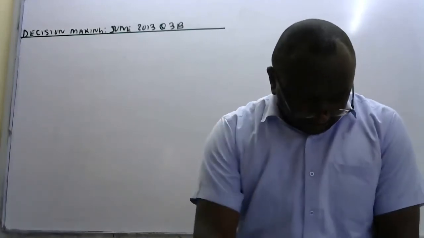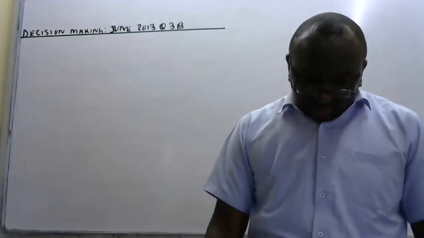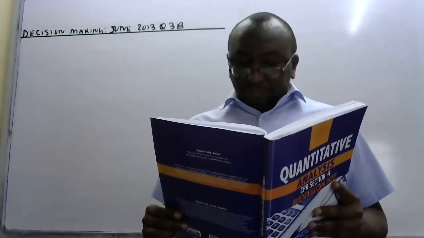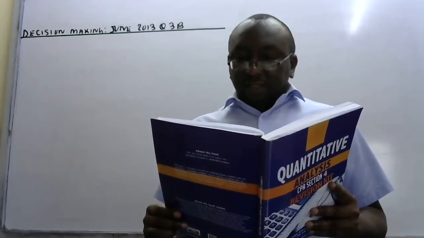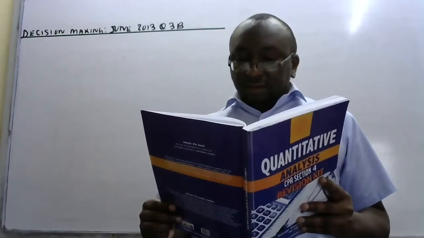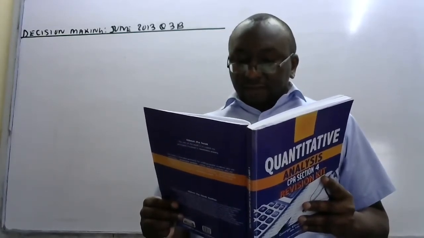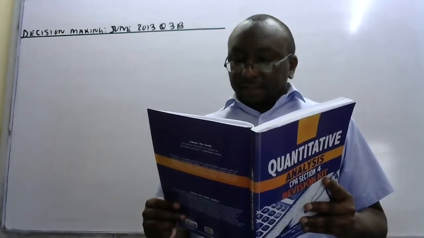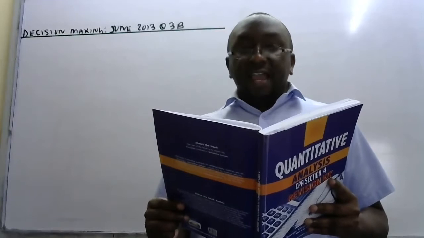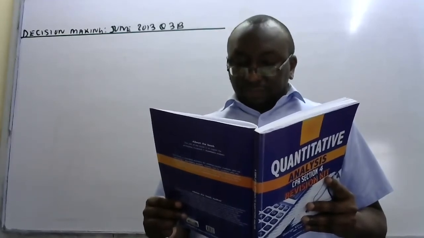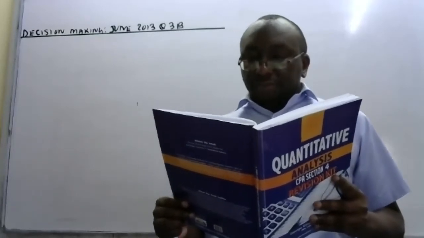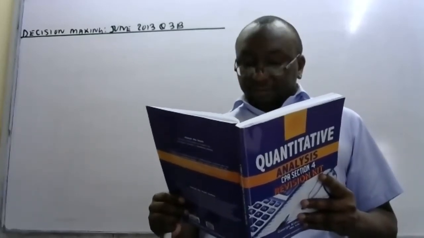So we have seen the question, and the question reads: the following pair of matrix shows the potential profit and losses in millions of shillings, which are expected to arise from launching 4 new products, P1, P2, P3, and P4 in 5 market conditions, which are M1, M2, M3, M4, and M5.